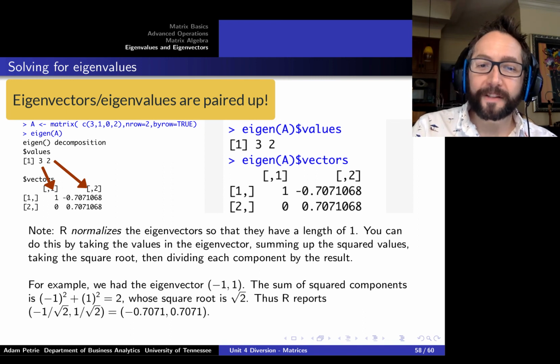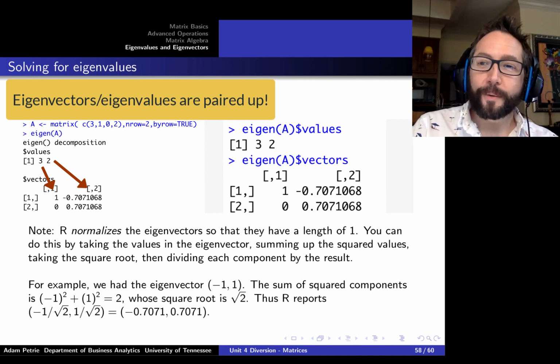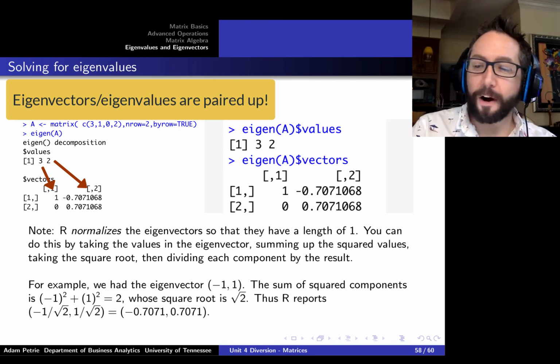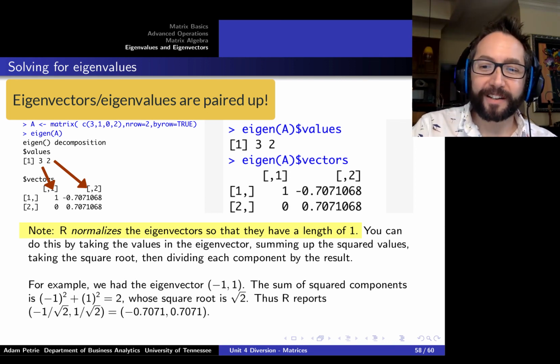That corresponds to the eigenvector defined as the very first column in the output. The second eigenvalue of 2 matches up with the eigenvector described in the second column of the result. Now, R has a special convention so that the length of these vectors is exactly equal to 1. So take note of that for when we actually discuss doing Markov chains with eigenvectors.